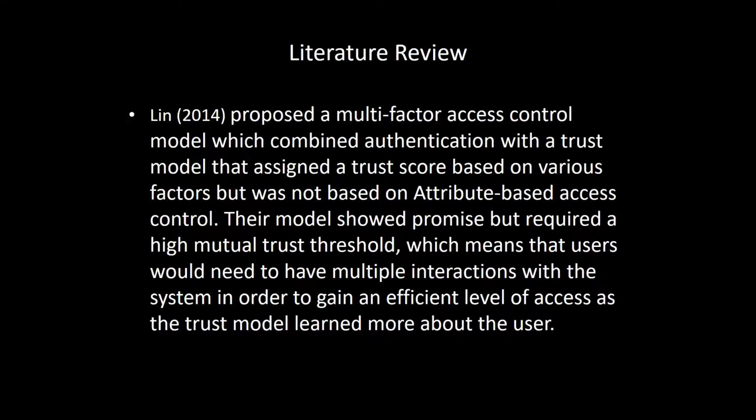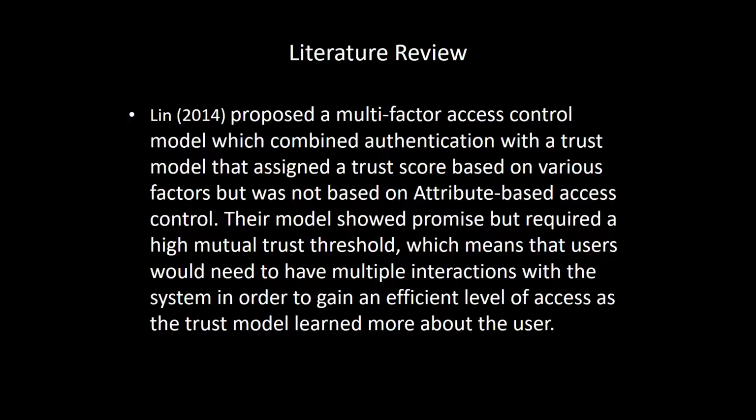Over the course of our research, we found a number of different approaches that we learned from and drew from. The first of these that we'll discuss is Lin et al. from 2014. They proposed a multi-factor access control model which combined authentication with a trust score, assigned based on various factors.